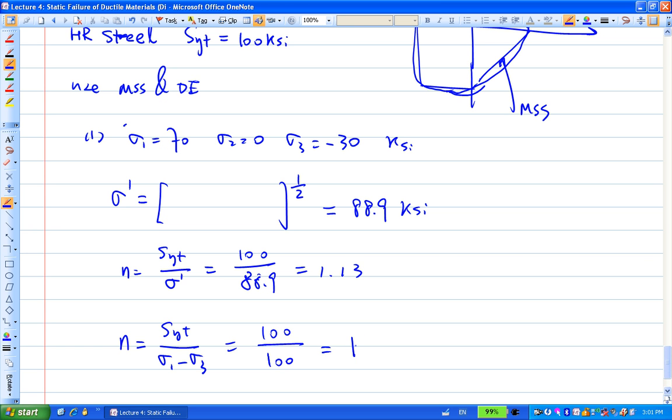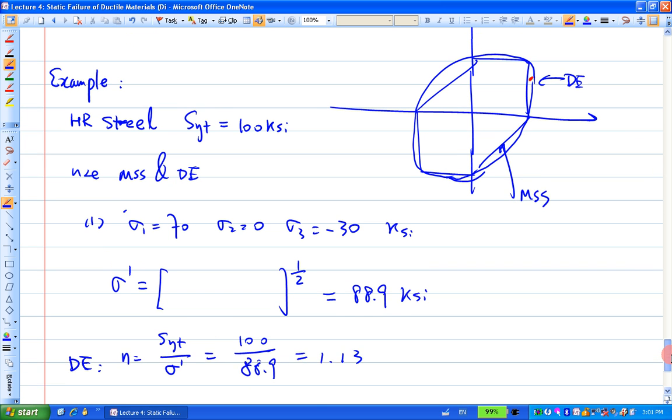So it's 1. So according to MSS theory, what we have here is marginally stable or safe, but DE still has a certain margin there. So this is another example showing that MSS is more conservative.